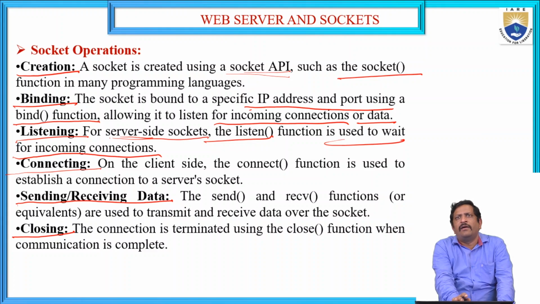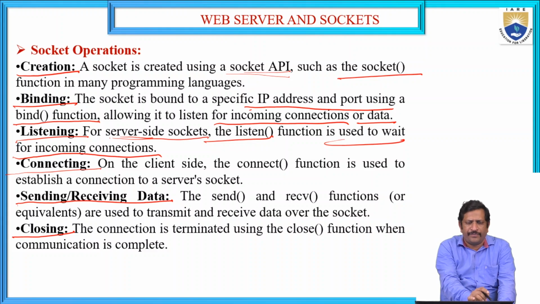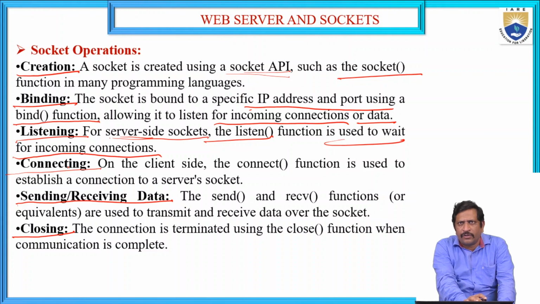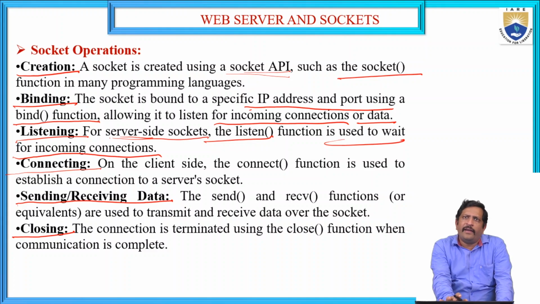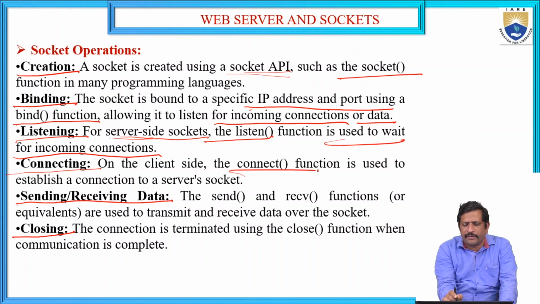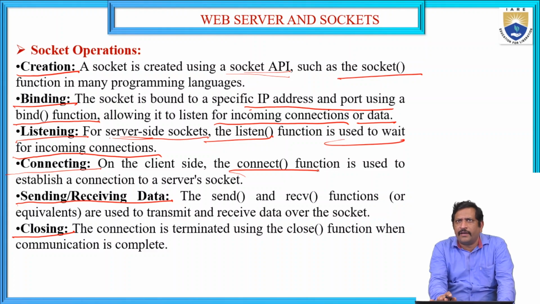Once the connection is accepted by the server, the client connects to the server with the help of the connect method. With the connect function, we can establish the connection between the server and client.